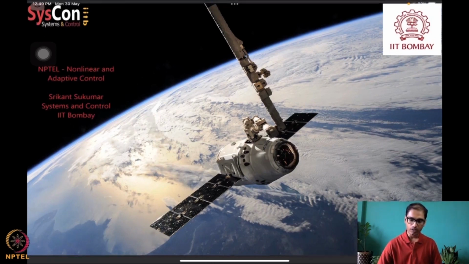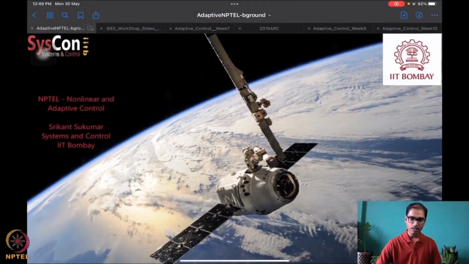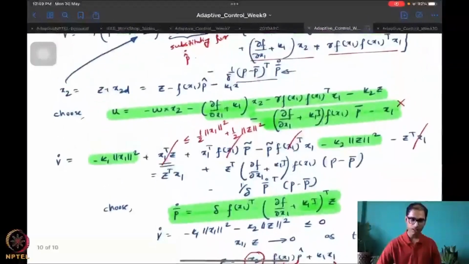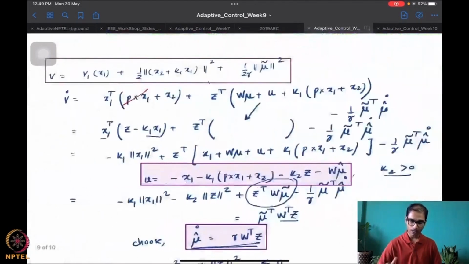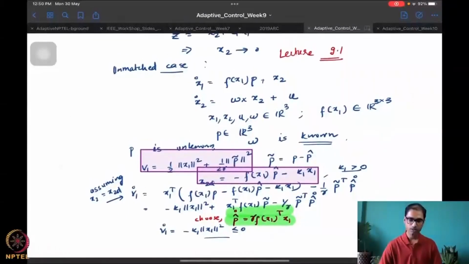So in the last session, we were still working on our unmatched design. And what we had seen was essentially a cooked up example for which we had these unknowns. Right?